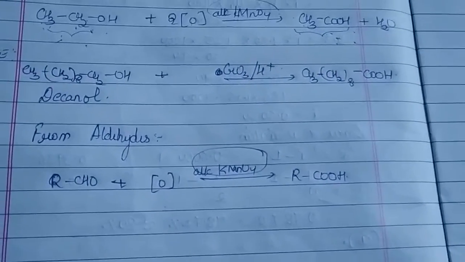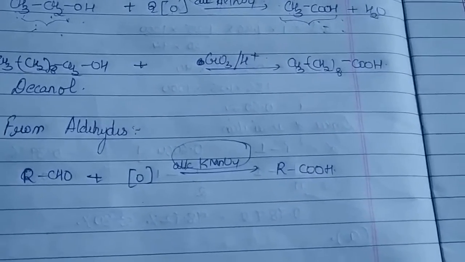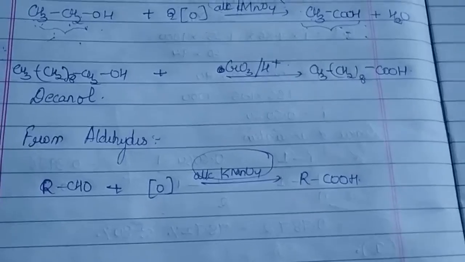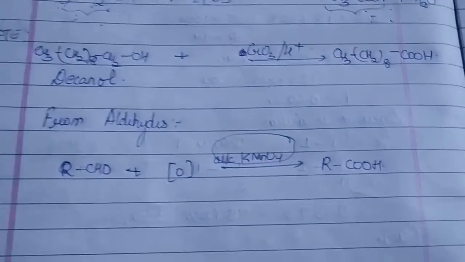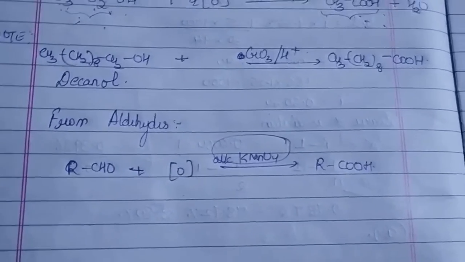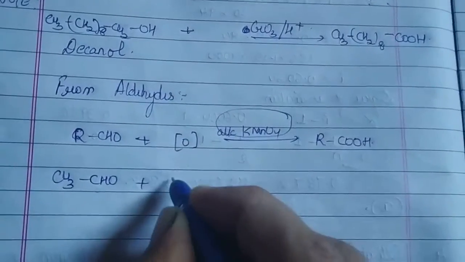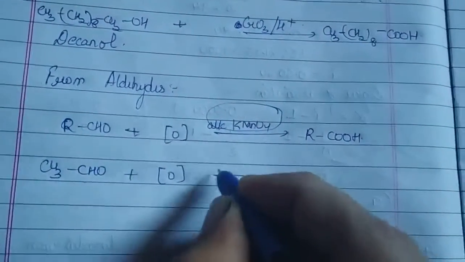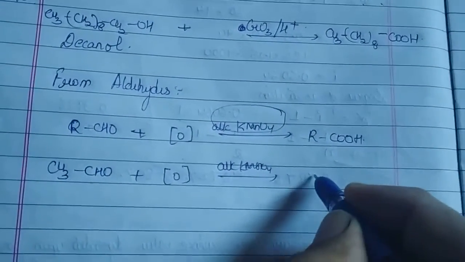You can use the mild oxidizing agents I mentioned earlier, your PCC, Tollens reagent, or Fehling solution. Even a mild oxidizing agent is enough to convert aldehydes to the corresponding carboxylic acid. If I take a common example, CH3CHO, which is oxidized in the presence of alkaline KMnO4, you will get what?